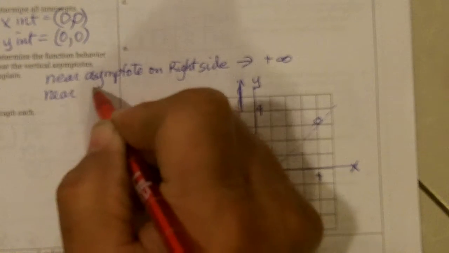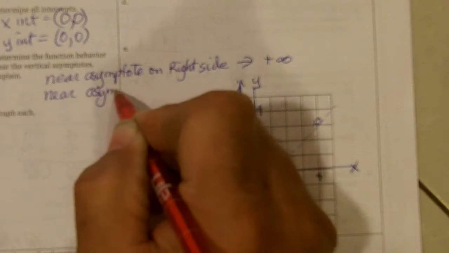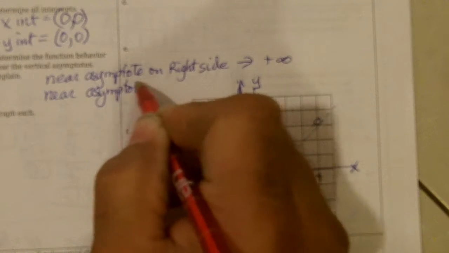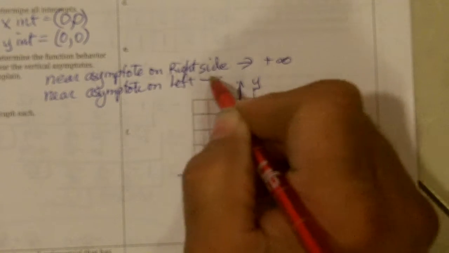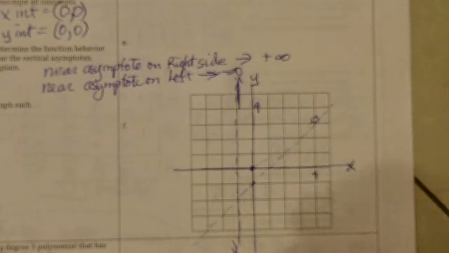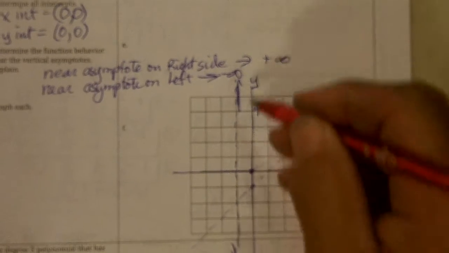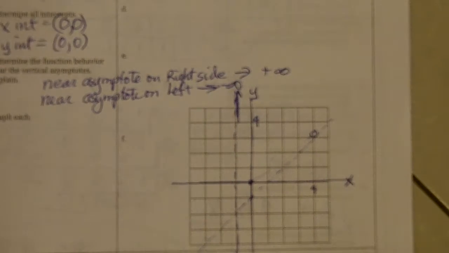Near the asymptote on the left goes to negative infinity. So it goes to negative infinity, goes to positive infinity.